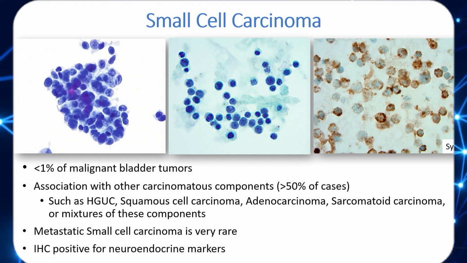Small cell carcinomas, really rare tumors. Classic morphology, small cells, they're basically 3 times the size of a lymphocyte. There would be molding, and then salt and pepper chromatin, although not obvious in small cells, but really that's the key over here. And then you can certainly confirm it with IHC if need be.